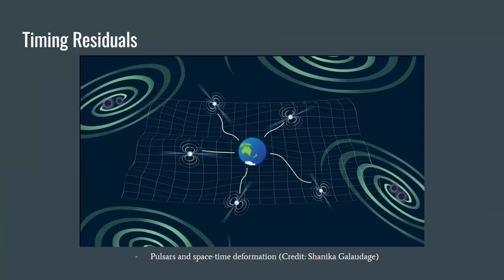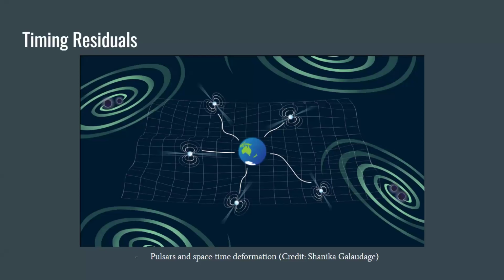As you can see in this image, a gravitational wave is disturbing the space-time, and the pulsars that were originally at the same distance, now the light from them has to go through a different path. Now, gravitational waves can squeeze or stretch the space-time.